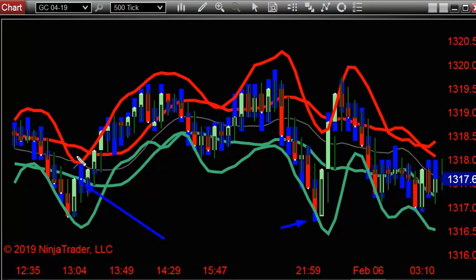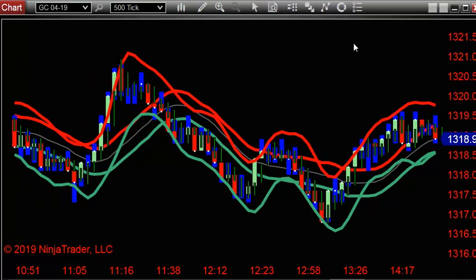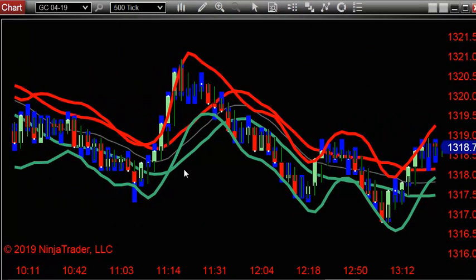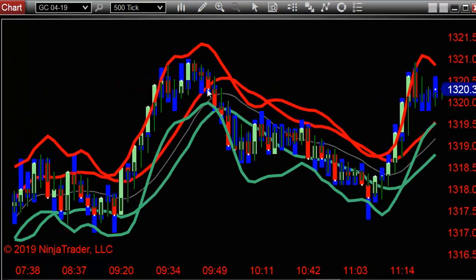But price is always contained, the upside in the red and the lower side in the green, okay? So we're always dealing with price wandering around, basically, in red and in green. So that's all that's doing.